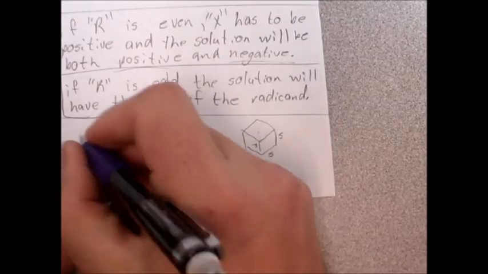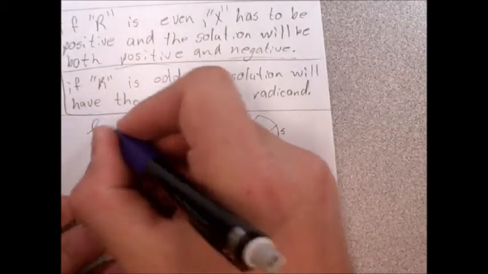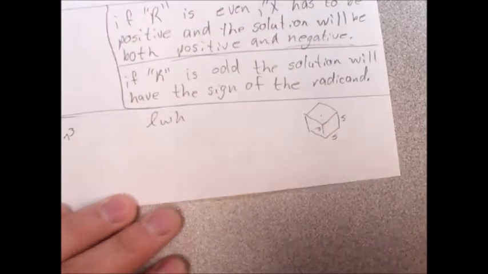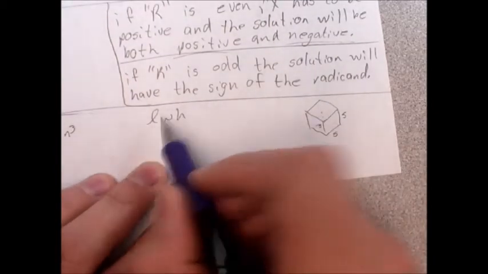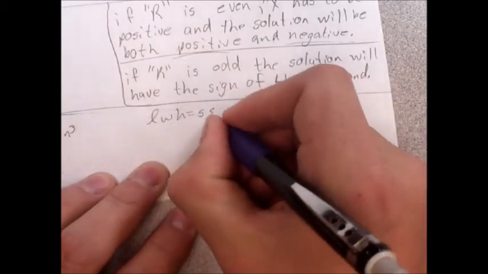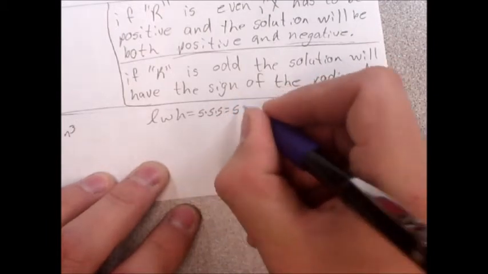I want to use length, width, and height. I take the length, multiply it by the width, then multiply it by the height, which in this case was all S. So it's S times S times S, which is actually S cubed.